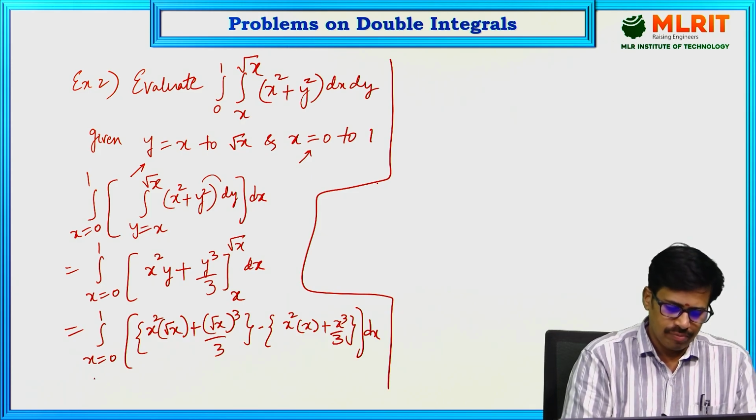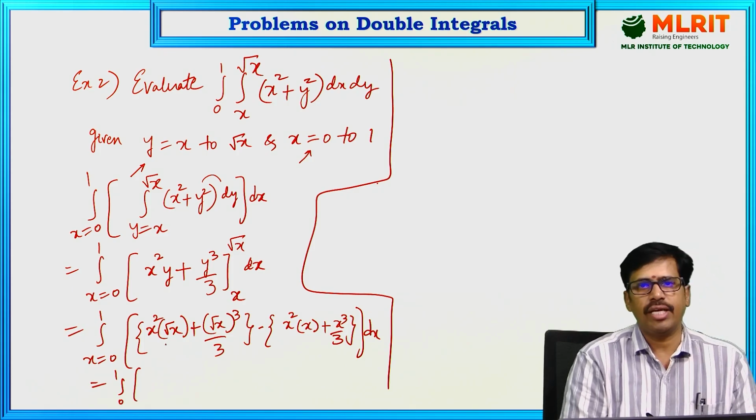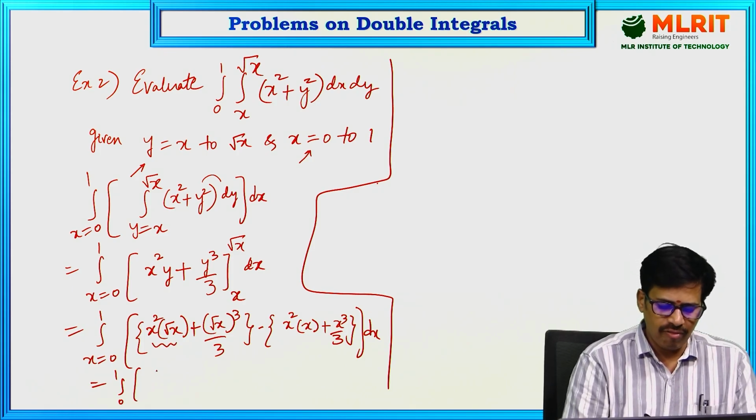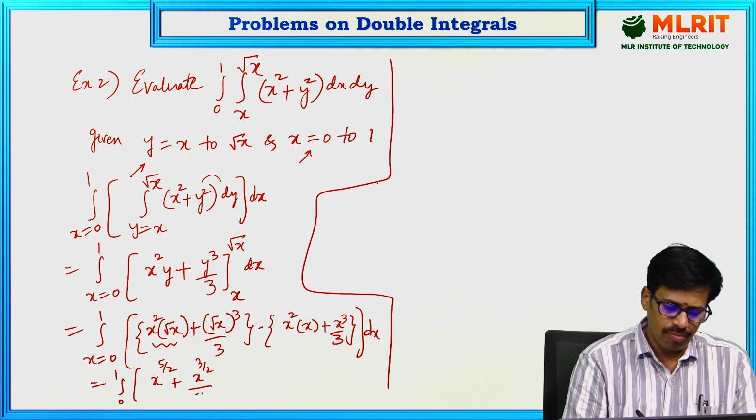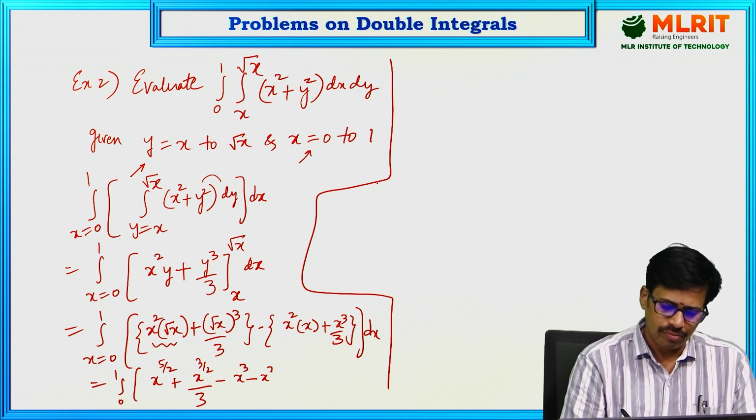Root x means x power 1 by 2, so x square into x power 1 by 2 is x power 5 by 2, plus x power 3 by 2 by 3, minus x cube minus x cube by 3, whole dx. So 3x cube minus x cube by 3 is 4x cube by 3.